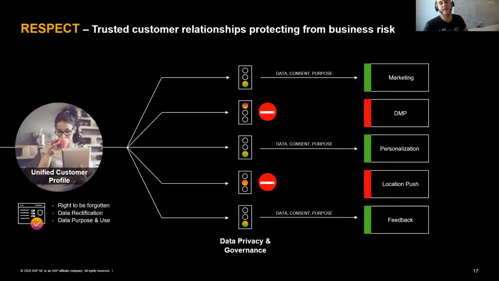Like, I can say it's fine that you will use my email in order to contact me if I forgot my password, but I don't want you to contact me regarding marketing, right? So when we say respect, it's exactly to take these consents and bind them to the outbound data governance, like how we govern the data when we try to use it in order to activate different outgoing processes and customer engagement.